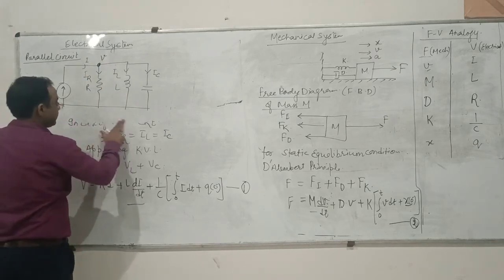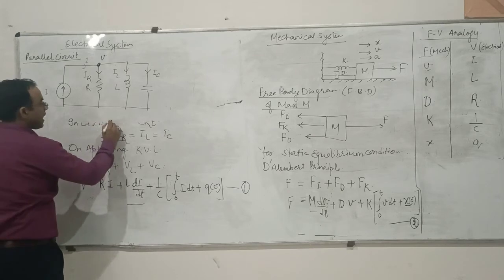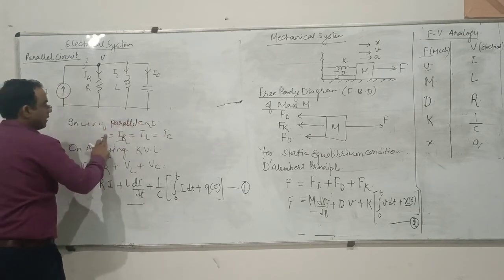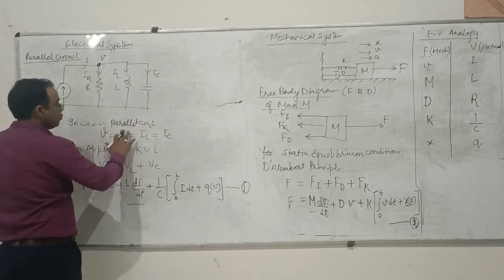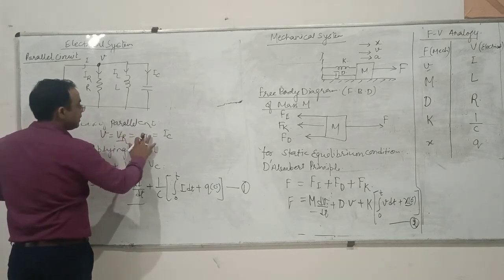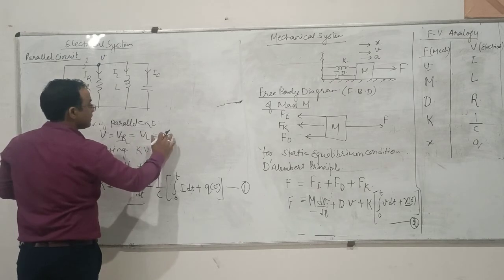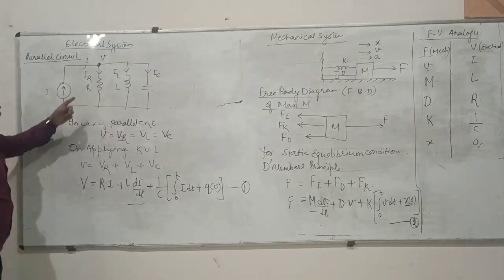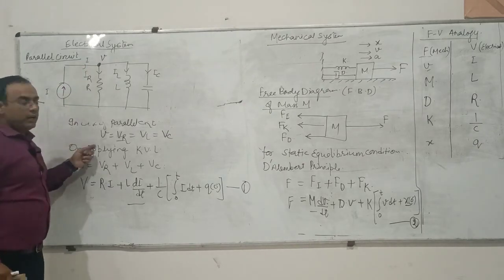So we can say that in the case of a parallel circuit, the voltage V equals VR, VL and VC. In the parallel circuit, voltage should be equal.